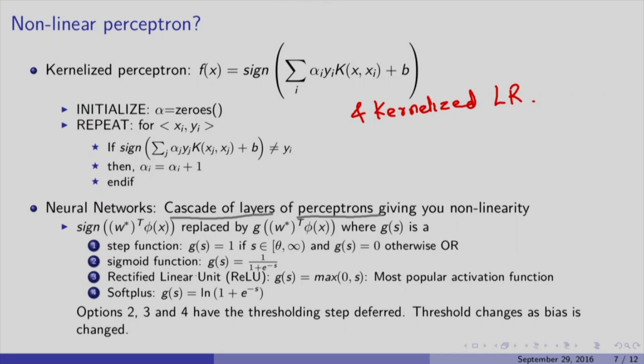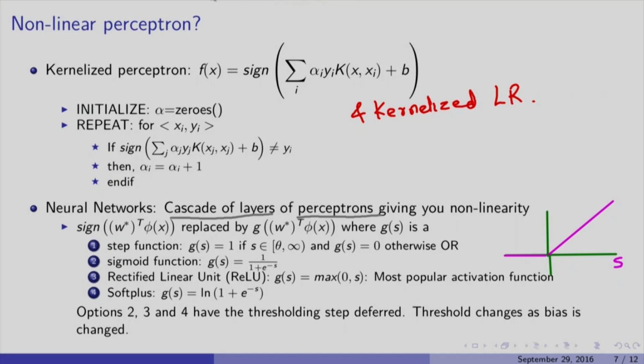You could also look at the rectified linear unit, which is g(s) equals max of 0 comma s, and this rectified linear unit basically looks like this. So it is going to be 0 for all negative values of s, and thereafter it is linear, at a 45 degree angle.